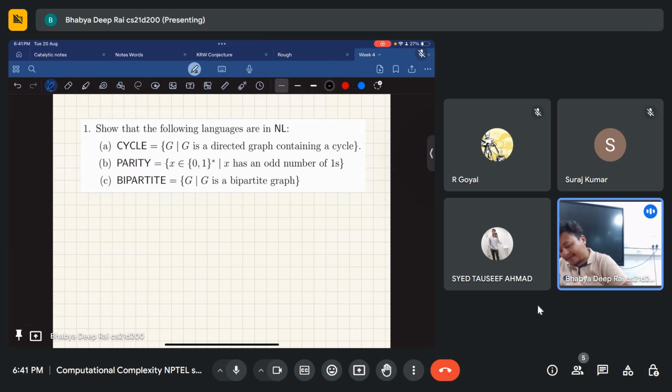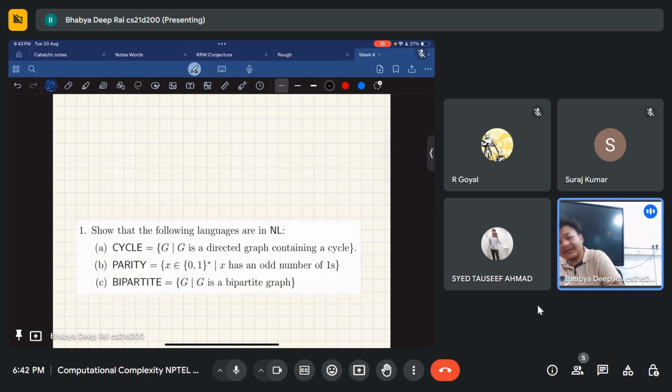The question says the following: show that the following languages are in NL. So, what are the two definitions of NL? Same as NP. Let's say a language A is in NL.